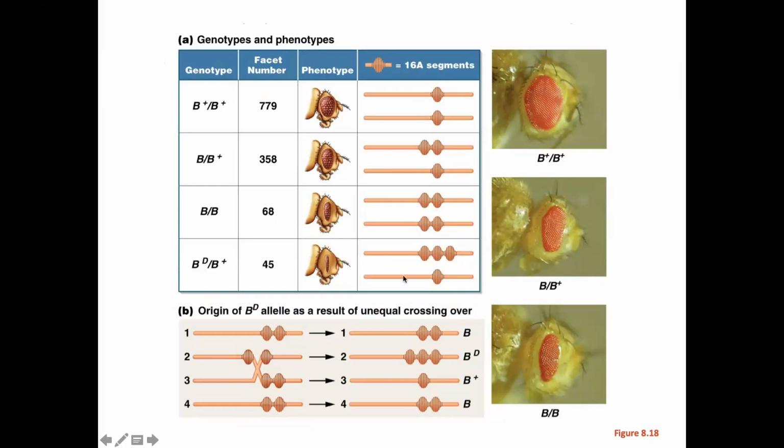Once you have a pure breeding strain that is homozygous for the duplicated version of the BAR gene, you can get another unequal crossing over event in those individuals. So you can create a chromosome that has 3 tandemly arrayed copies of the BAR gene on it.